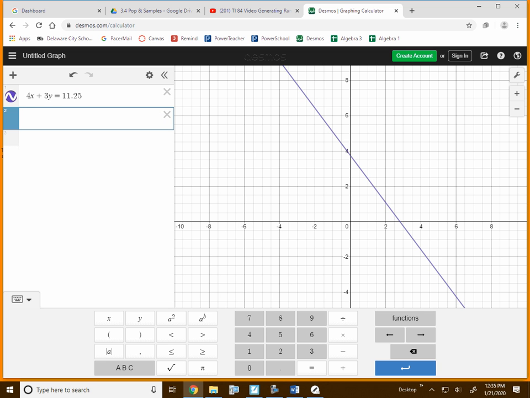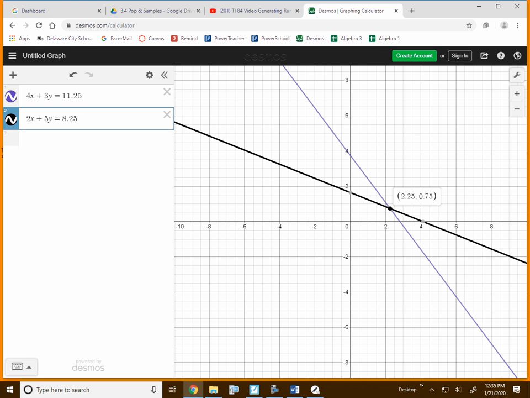Okay, cool. That one was 11.25, right? Okay, let's see where they cross. 2.25, comma 0.75. That's where they cross.